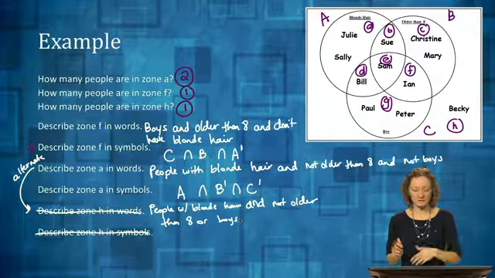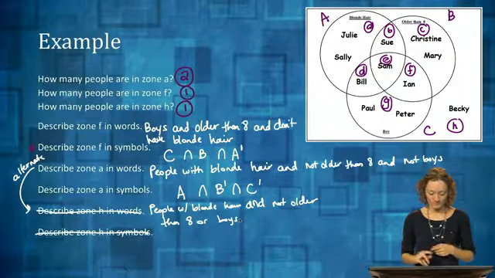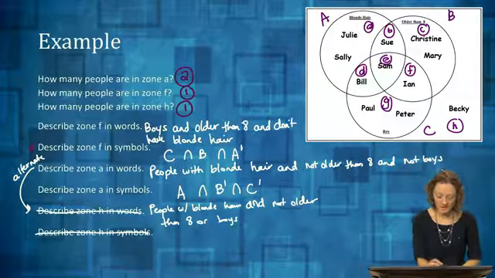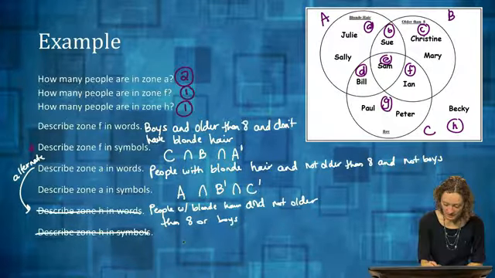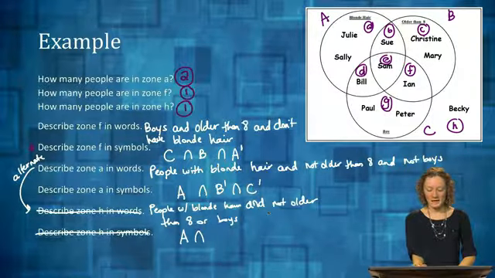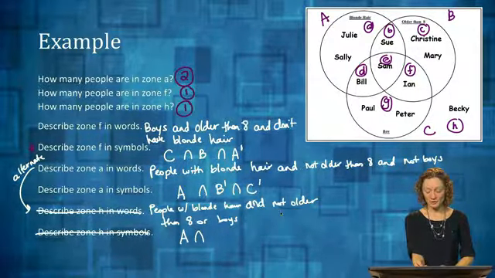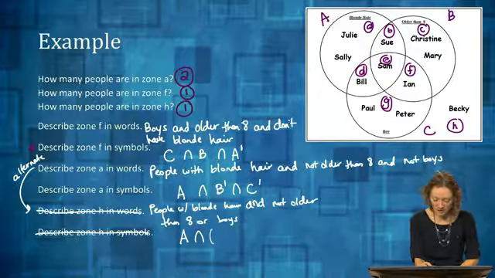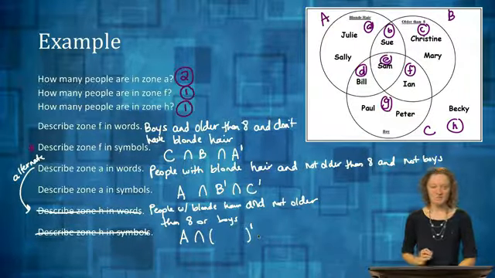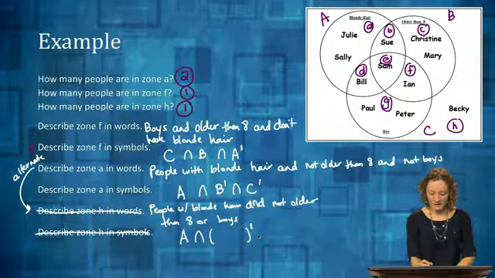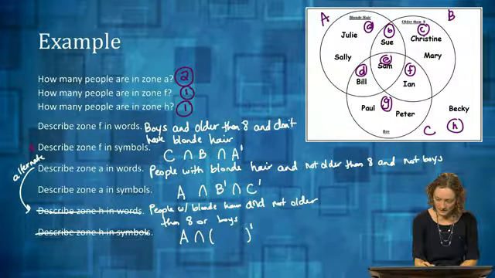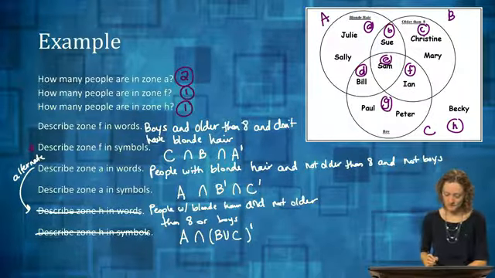So they're not either one of these. They're not older than 8 or boys. So this translation, they're people that are blonde, this is still A, and not older than 8 or boys. If we're saying that the things following the word not, it's both of these, we'll use parentheses and put the complement on the outside. And they're not older than 8, which is B, or, which is union, boys, which is C.